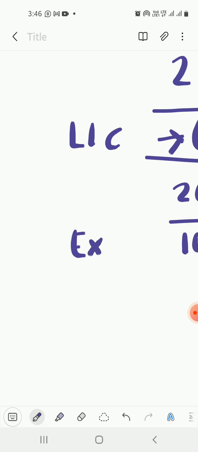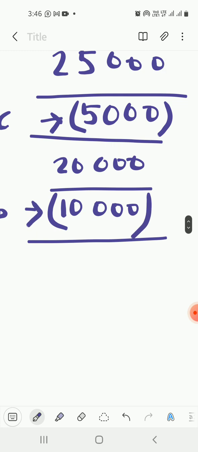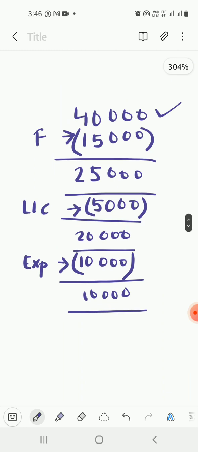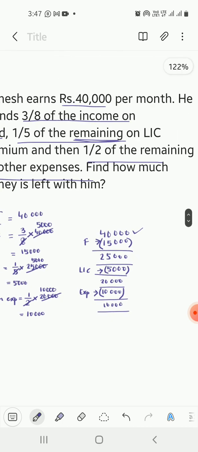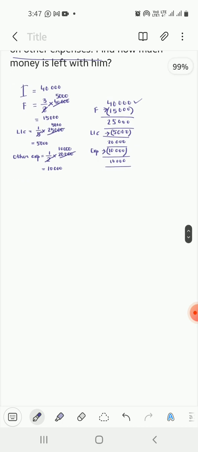So other expenses was 10,000. So now what is left? 10,000. So my answer is 10,000. So this is how we are going to approach these kinds of sums. Let's move to the other sum.